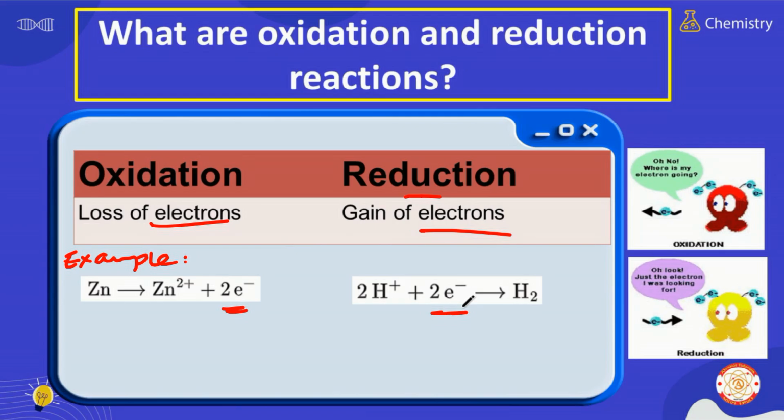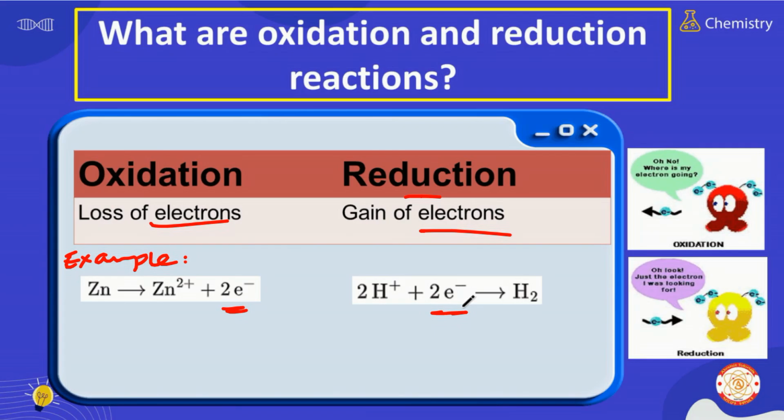So let us use an analogy. Okay? So think of electrons as money being exchanged between friends. Okay?